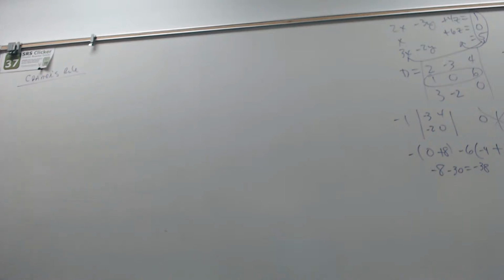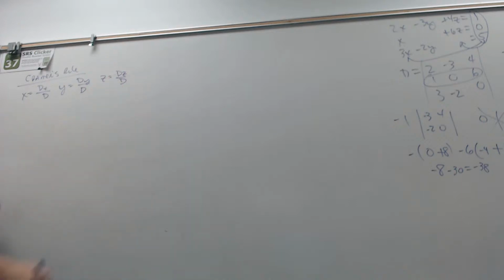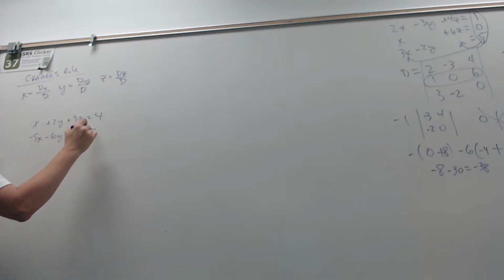Okay, now there's the shorthand method. X equals D sub X over D, Y equals D sub Y over D, Z equals D sub Z over D, which sounds really simple, but it's very complicated. Now, let's assume we're doing a 3 by 3. I'm going to make this up: 1x plus 2y plus 3z equals 4. These could be ugly. Negative 5x minus 6y plus 7z equals 8.